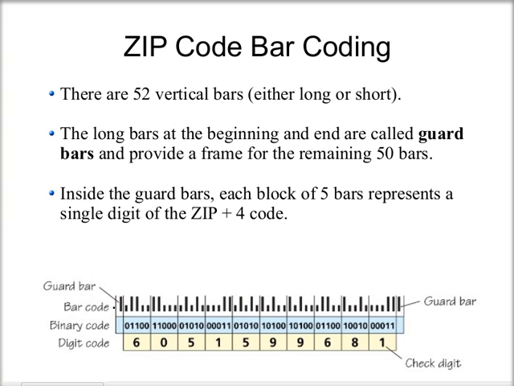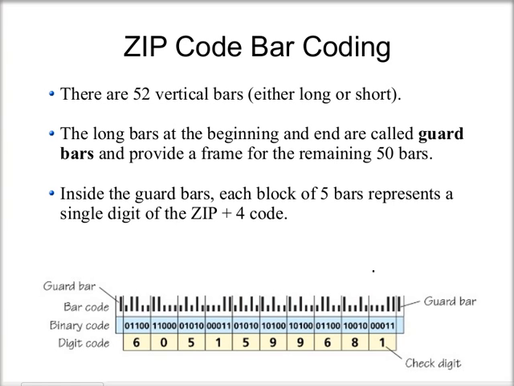There are long bars at the beginning and the end of the barcode, and these are called guard bars. They don't encode any information, they just encapsulate the rest of the barcode. Inside the guard bars, we have blocks of 5 bars, and each block represents a single digit of the zip +4 code or the check digit.